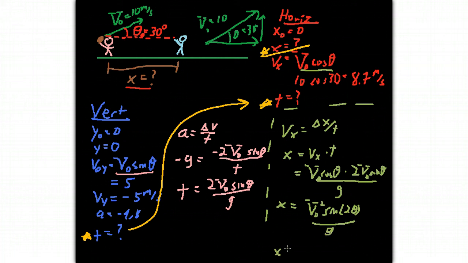And once we plug in all of the numbers, what we will get is that the person who wants to catch the football will have to stand about 9 meters away, 8.84 meters. And that's about it.